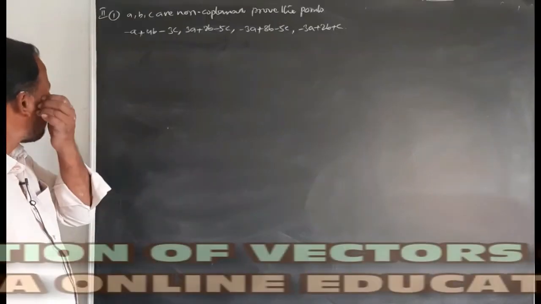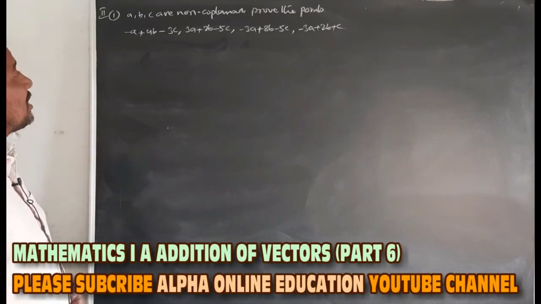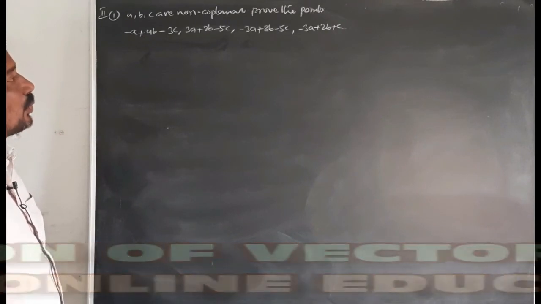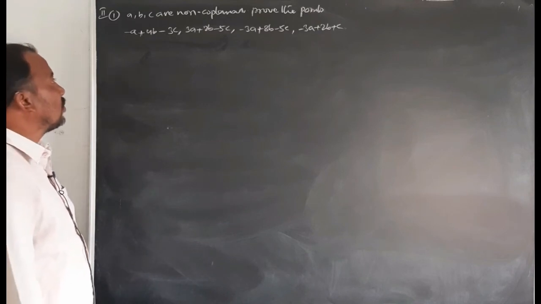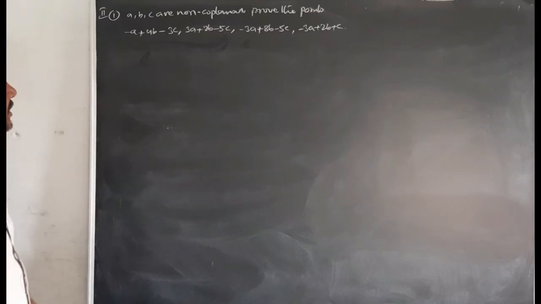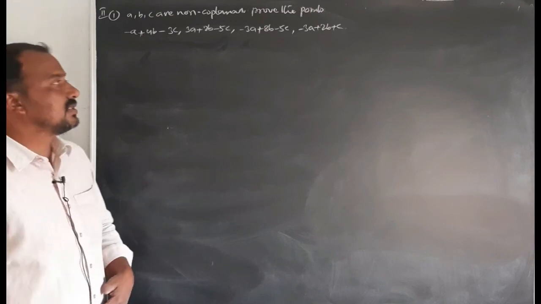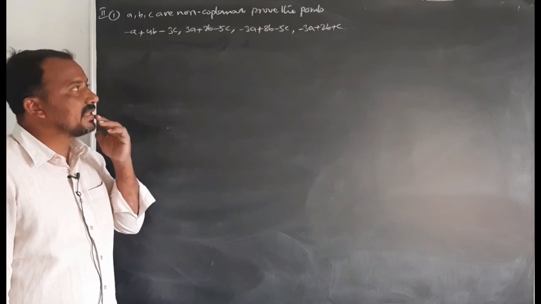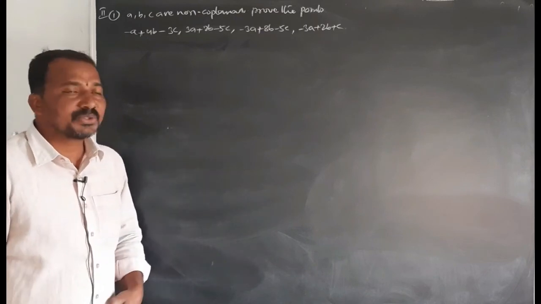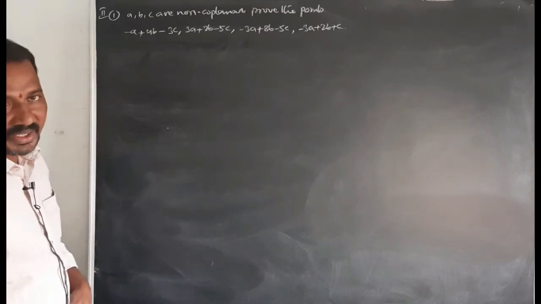A, B, C are non-coplanar. Prove that the points minus a plus 4b minus 3c, 3a plus 2b minus 5c, minus 3a plus 8b minus 5c, minus 3a plus 2b plus c are coplanar. 4 points are given.